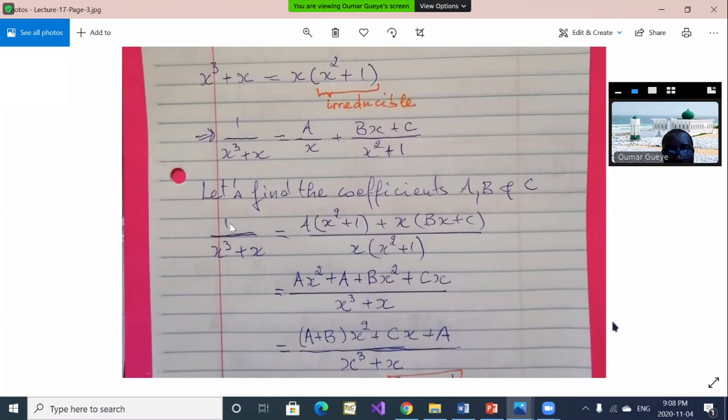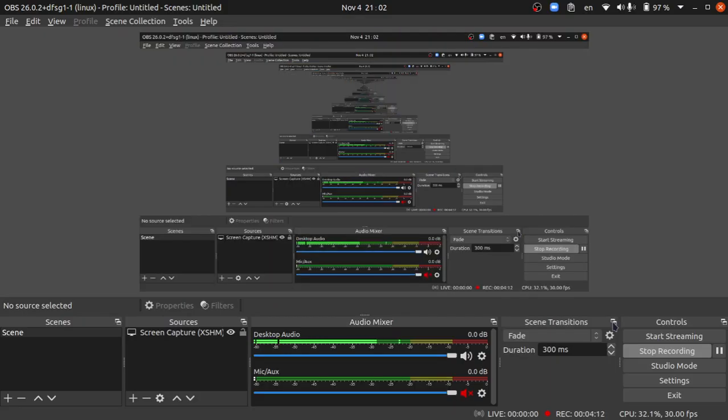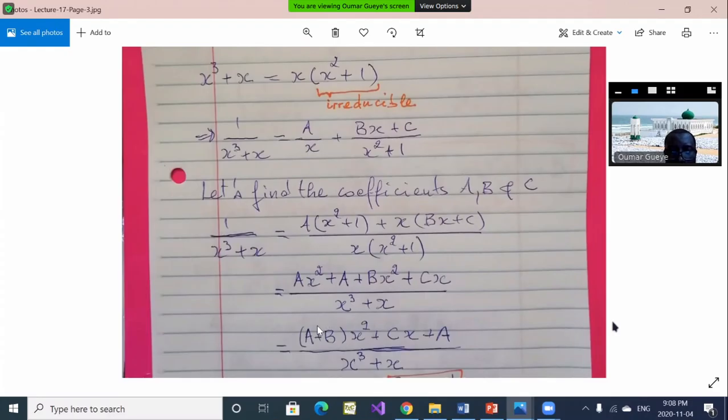The only way to get the two numerators equal is to compare term by term. For example, if you take the first term and check the coefficient of x squared, what is the coefficient of x squared on the right? It is 0 because x squared is missing.